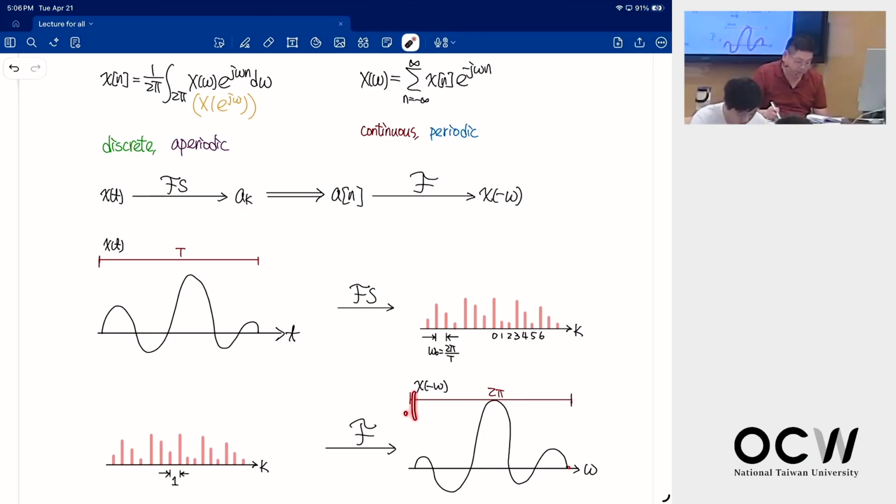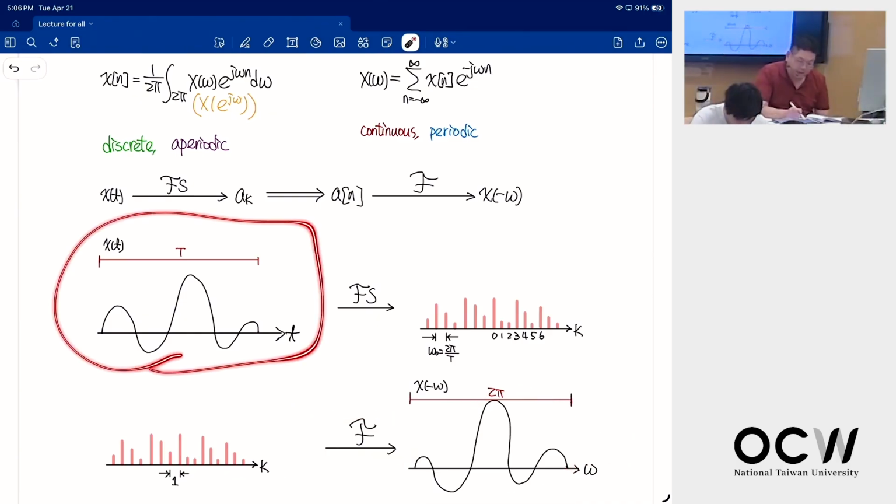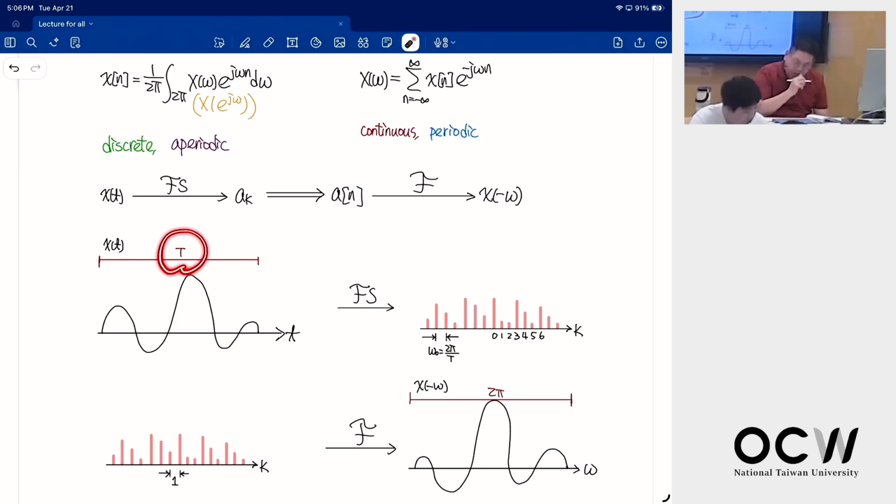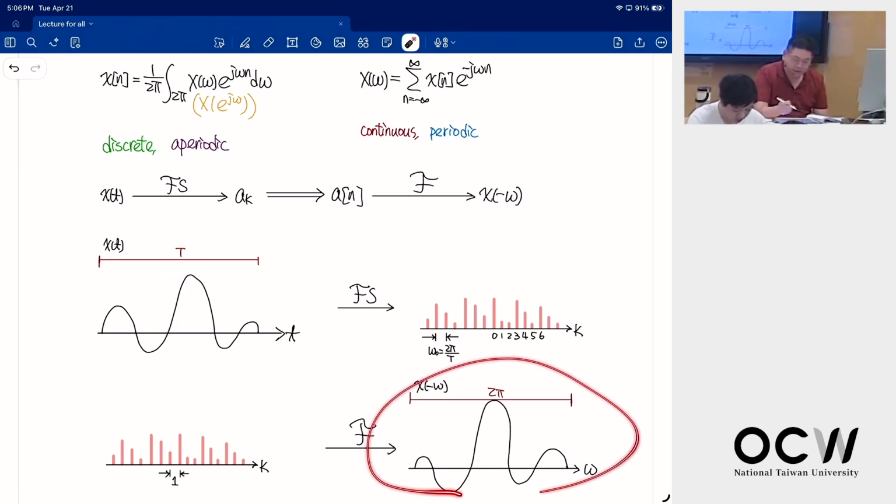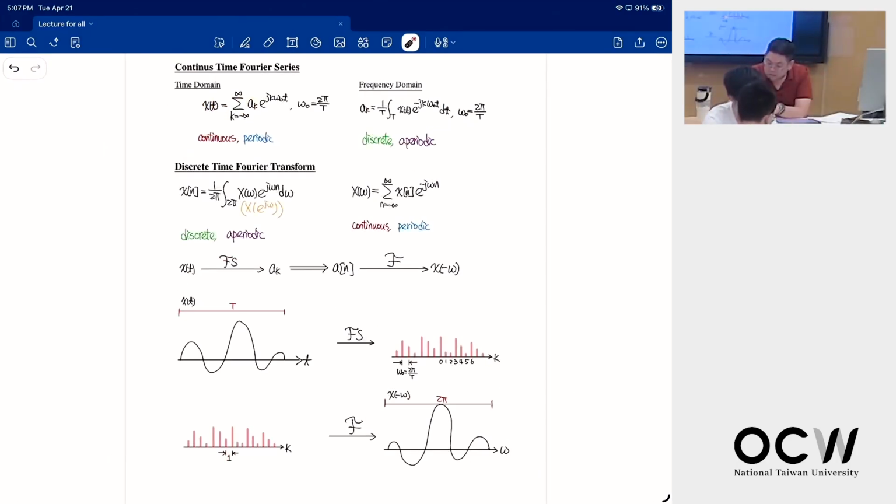So after 2 pi, I will copy this here and here. In the beginning, in the time domain, the period is T. And then later on, I have a period that's 2 pi. Any questions for this one?